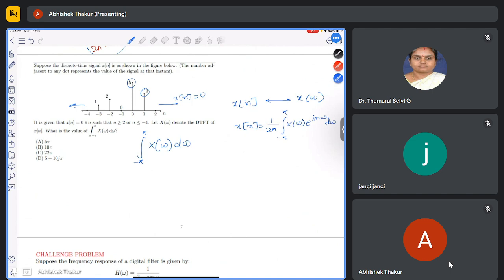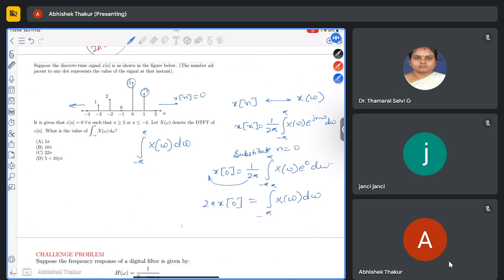Now let's substitute n is equal to 0. We will get x[0] is equal to 1 by 2 pi, integral of X(omega) into e to the power of 0 d omega. Now multiply 2 pi to this side, so we will get 2 pi x[0] is equal to integration of minus pi to pi X(omega) d omega.